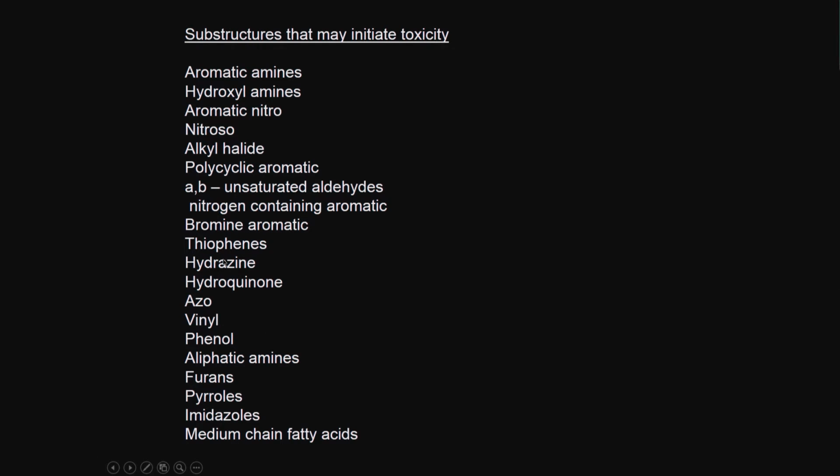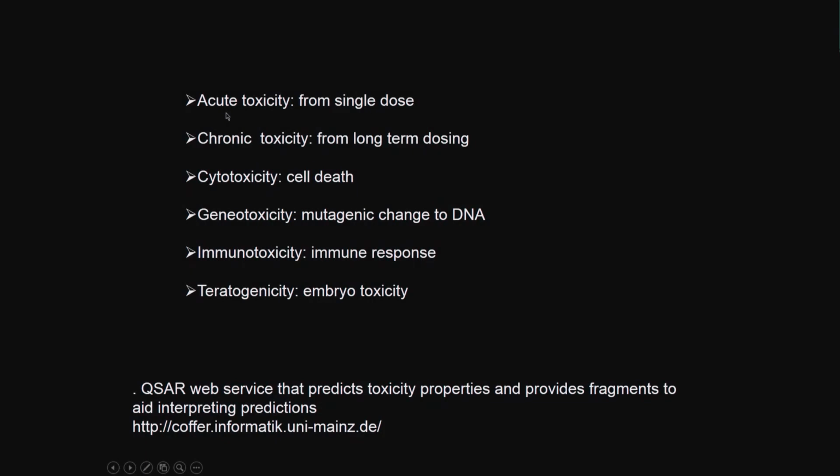Many of these structures can be toxic because some of the metabolites could end up being toxic, and that is a big problem. The toxicity can be of different natures. Acute toxicity is from a single dose: I give one dose and it is toxic. Chronic is from long term dosing, that means the drug is given over a period of few weeks, few months, few years and so on.